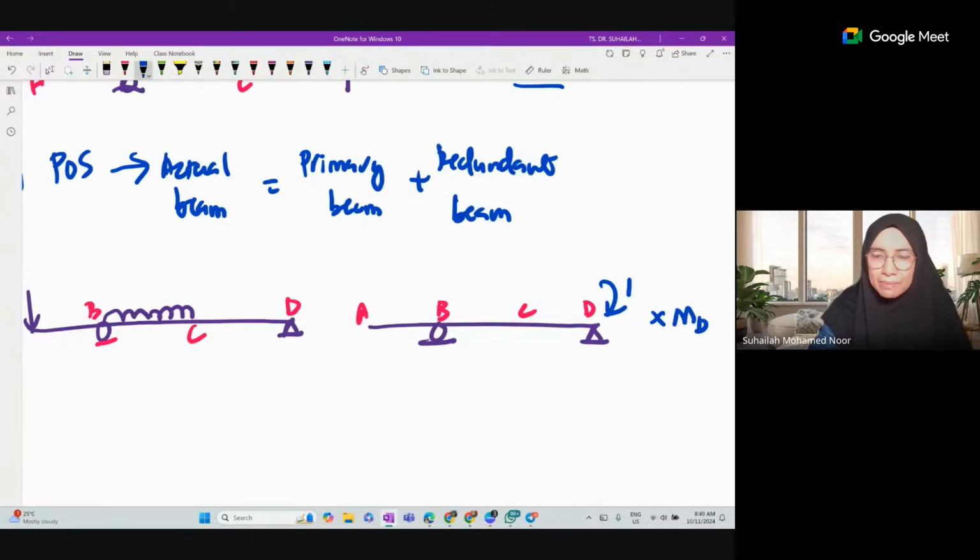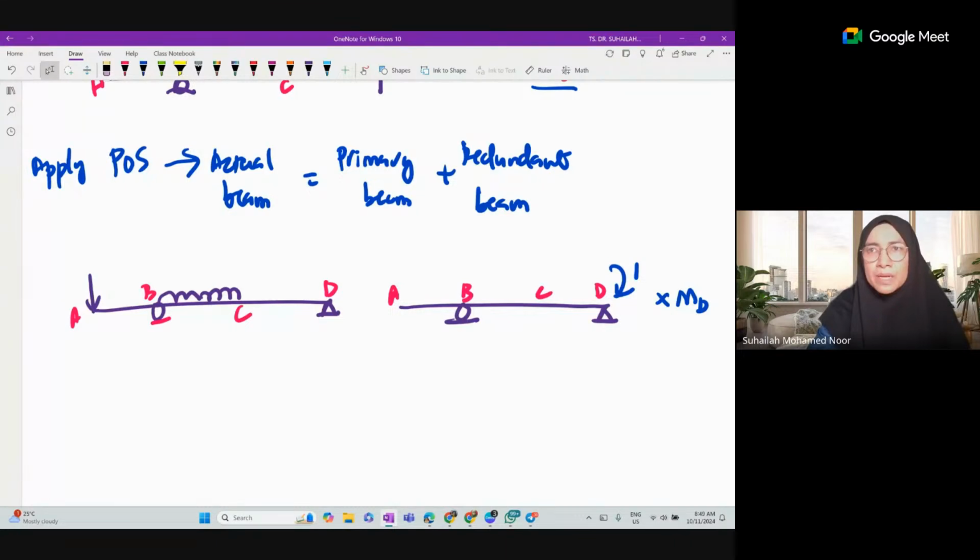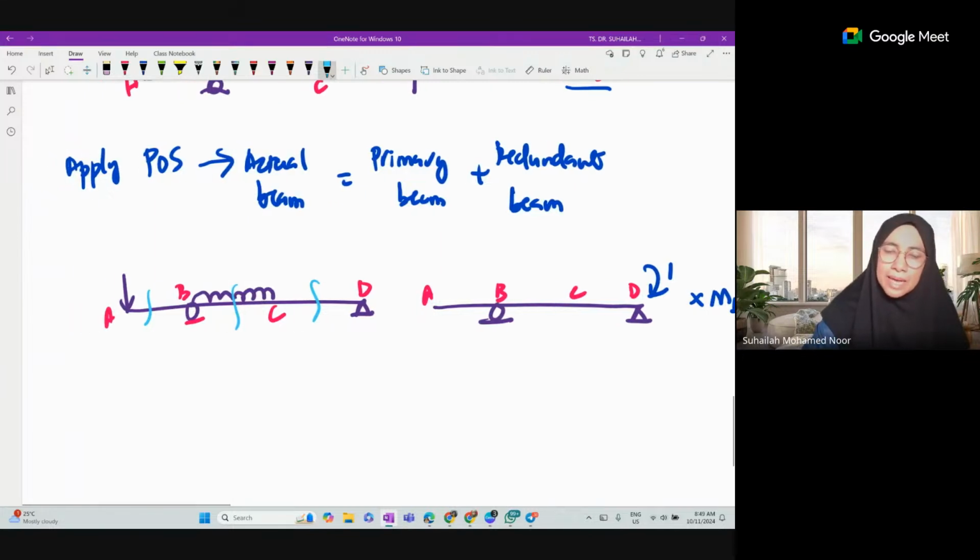This fulfills the principle of superposition, because later when we write the moment equation, we will have 1 cutting section, 2 cutting sections, 3 cutting sections, and the cutting sections must be standard. So the redundant beam must also follow the same 3 cutting sections.